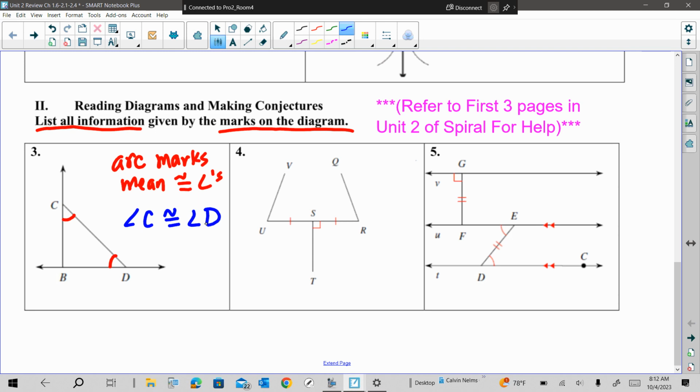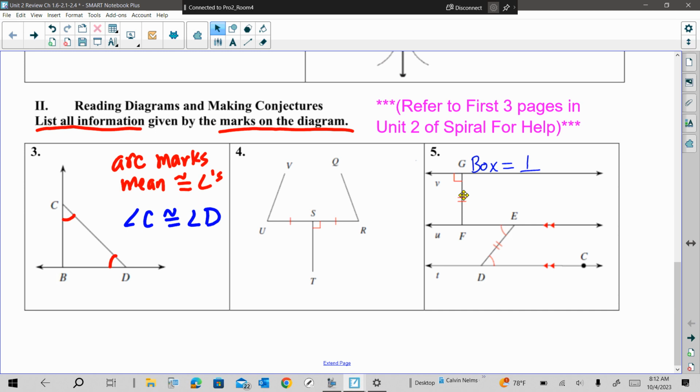I'm going to focus on the odd problems in this packet. On some of the pictures, there's more than one fact that you're going to make a conjecture about. Like on 5, there's 3 markings here. The first mark is that box. That box means we have perpendicular lines or right angles.